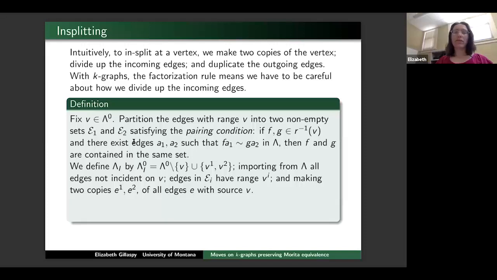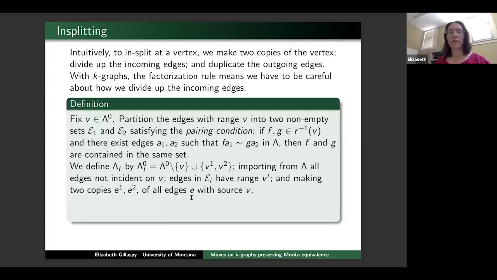And then we define our new k-graph, our insplit k-graph, lambda 1, by saying, well, it's going to have the same vertices that we originally had, except now we've got two copies of v. We just import all the edges that don't involve v. The edges in the set Ei are going to go to vertex vi.